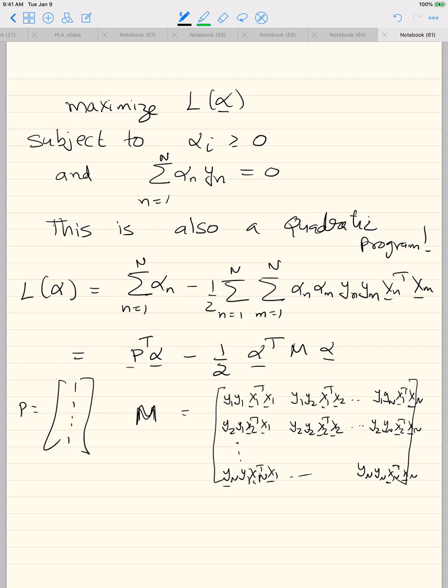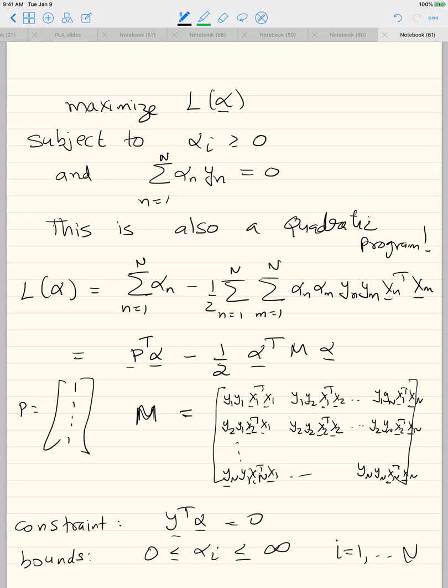So this is a quadratic program where we have now identified what the P and M terms are. We have one linear constraint of the form y transpose alpha equals 0, and our bounds in the quadratic program are that the alpha i's are between 0 and infinity, where i goes from 1 to n.